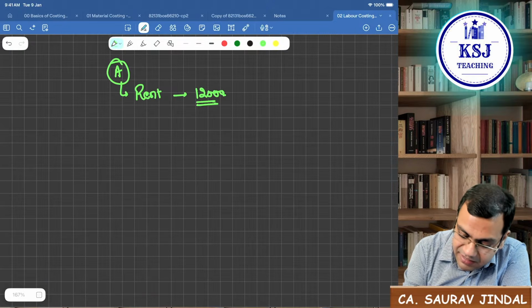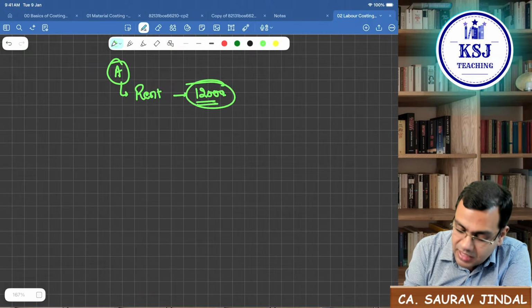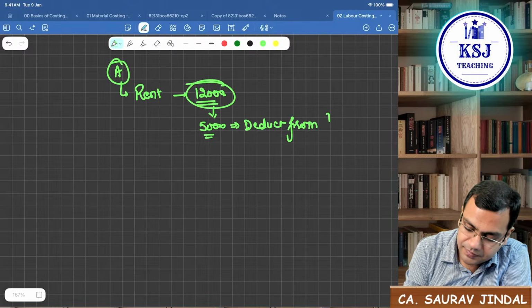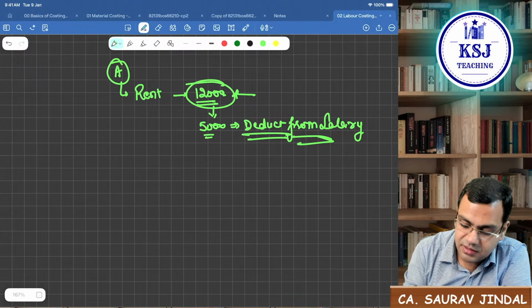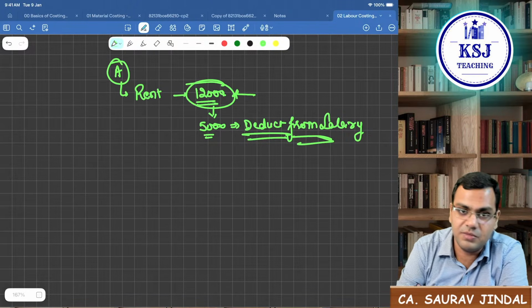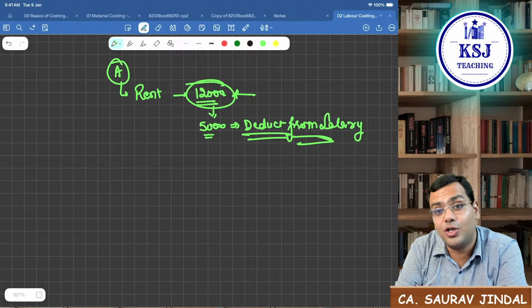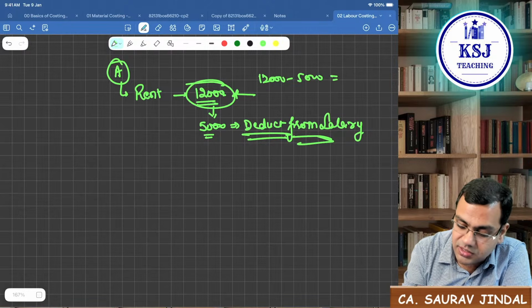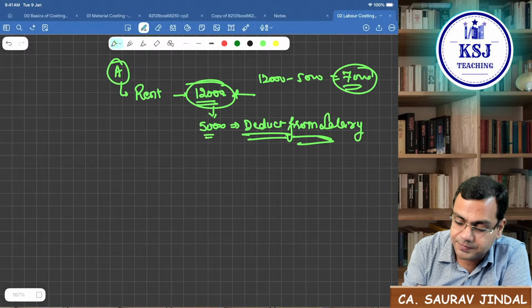The company will pay this 12,000, but out of the 12,000, 5,000 the company will deduct from your salary. So what is actually the cost to the employer for this particular rent? The cost is 12,000 minus 5,000. Only 7,000 is the cost for the employer.